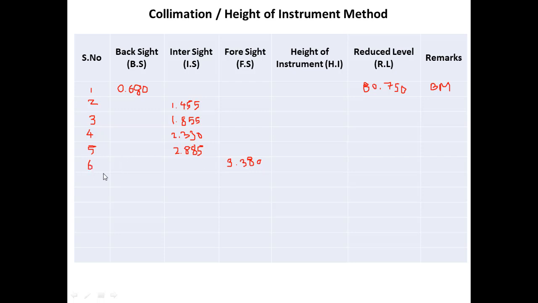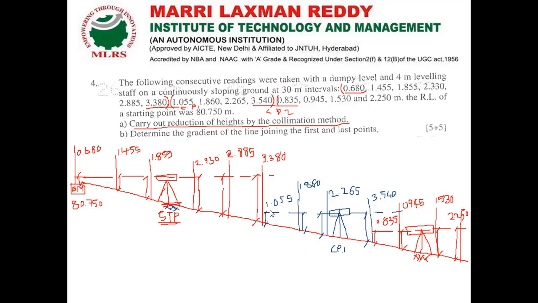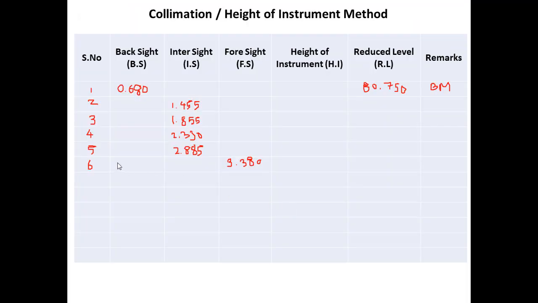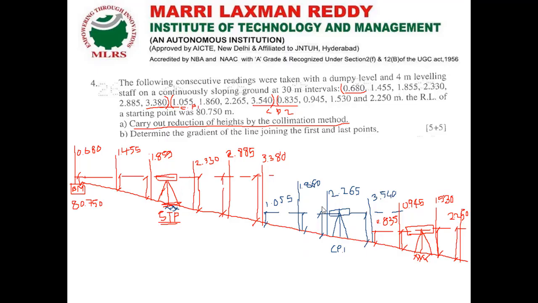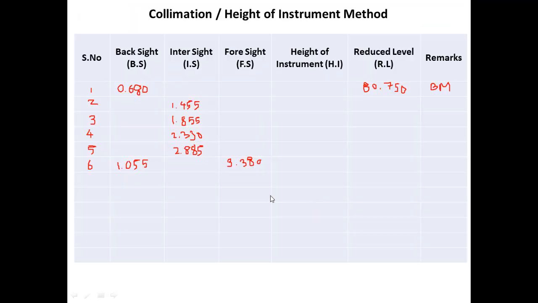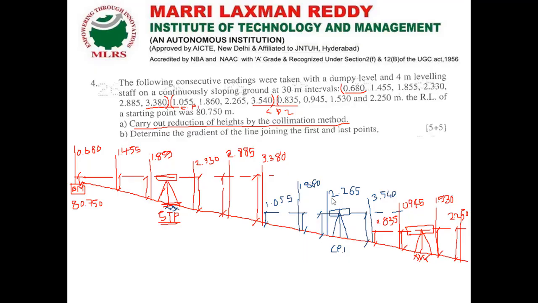So next, change point. With respect to this CP1, the first reading is 1.055, which can be written in the backsight. So the next reading 1.860, which can be written in the intersight. Next 2.265.